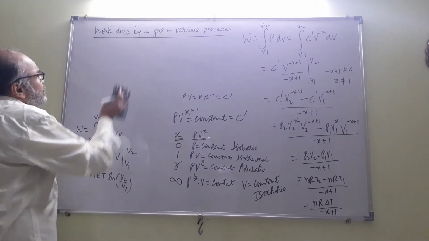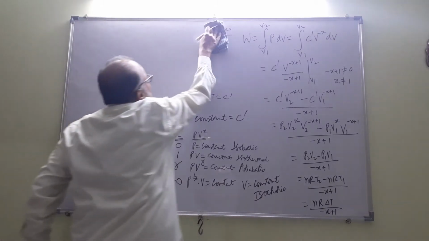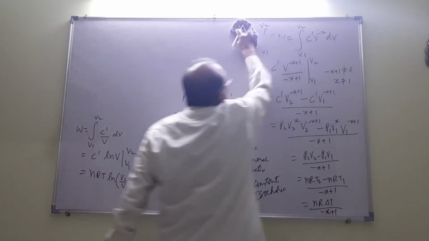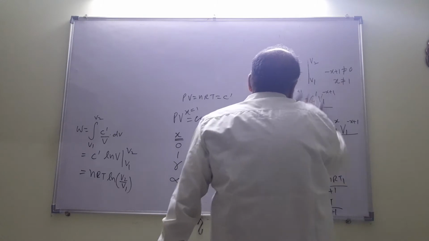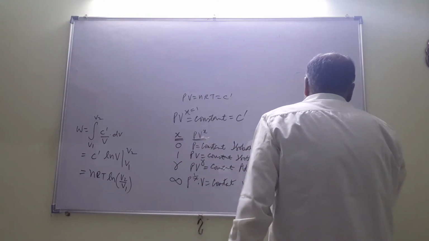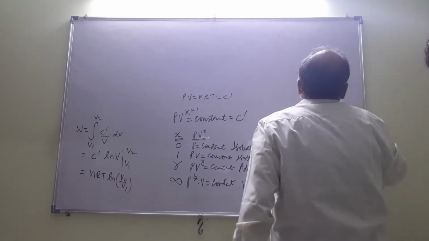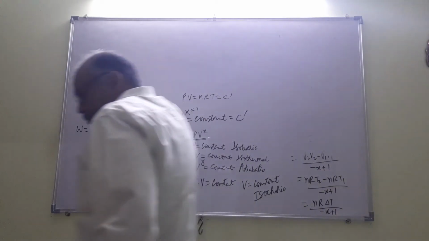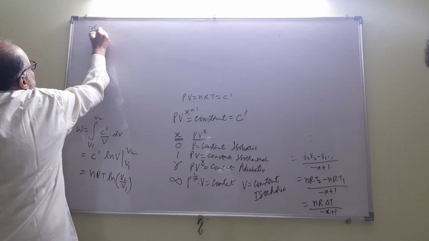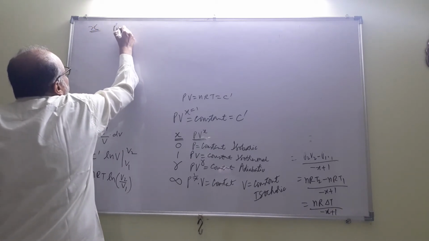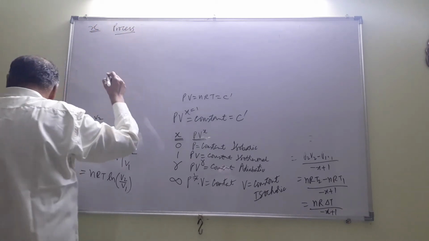Now, let us make a tabulation of various quantities for each of these processes. So first, let us say X, and this is the process.